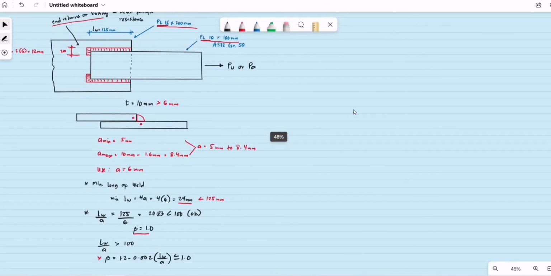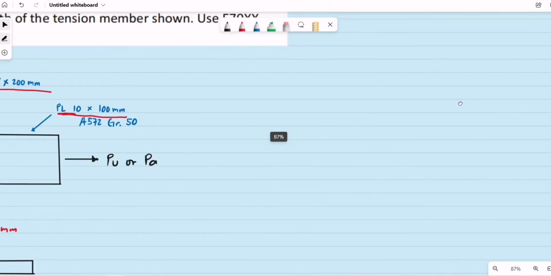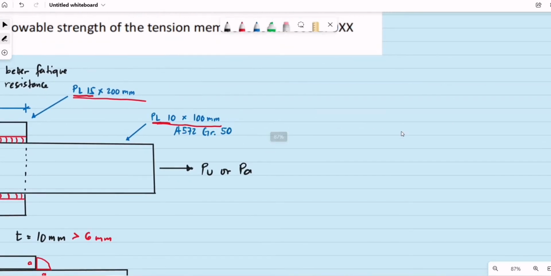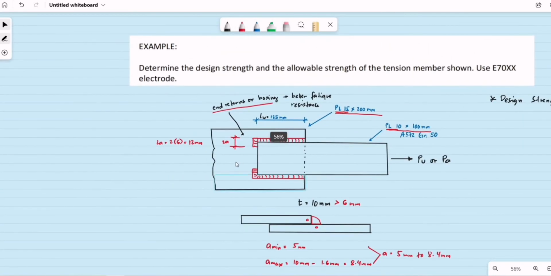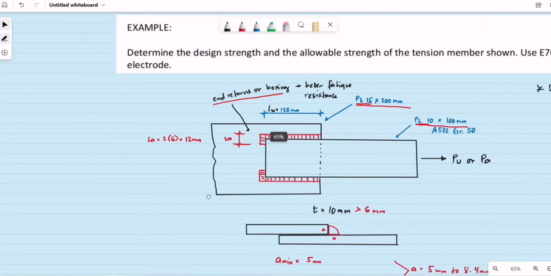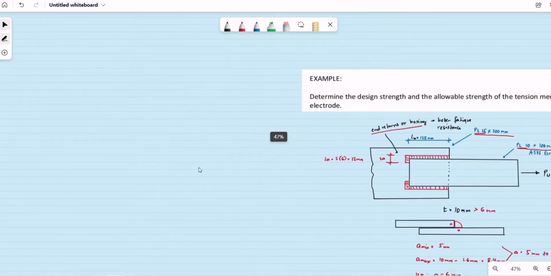Okay, so let us now compute for the design strength of the weld. For the design strength of the weld, this is a longitudinal fillet weld.